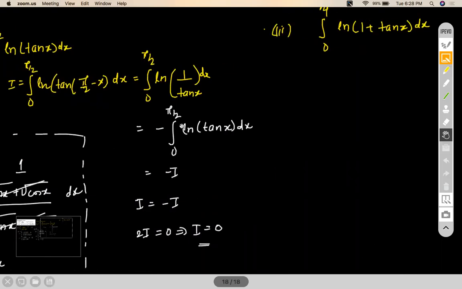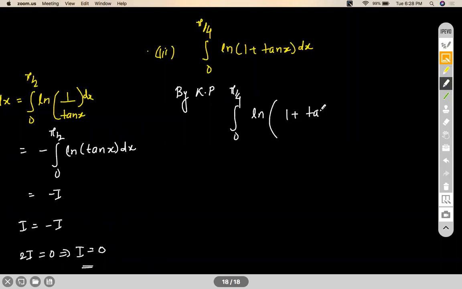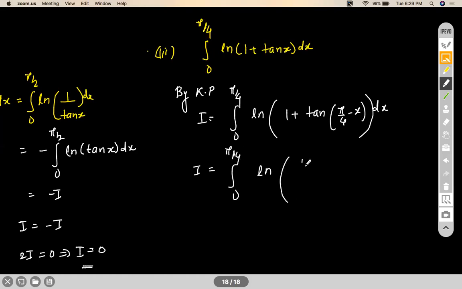Yeah, correct. So by King's property, this will become 0 to pi by 4 ln of 1 plus tan of pi by 4 minus x dx. So simplifying this will give me ln of 1 plus (1 minus tan x by 1 plus tan x) dx.